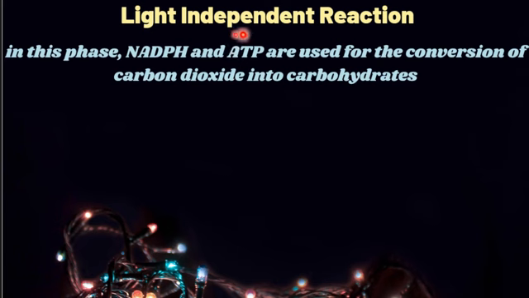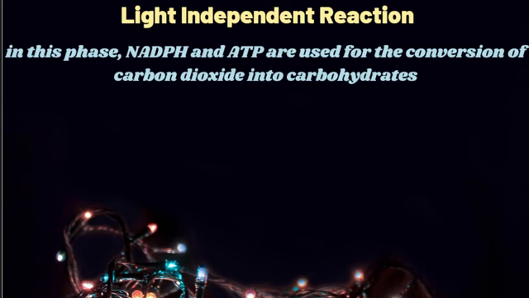But in this second phase, the light-independent reaction, the requirements are the NADPH and ATP for the conversion of carbon dioxide into carbohydrates. As you notice, NADPH and ATP are the products of the light-dependent reaction. So it means that the light-dependent reaction is needed for the light-independent reaction to take place.